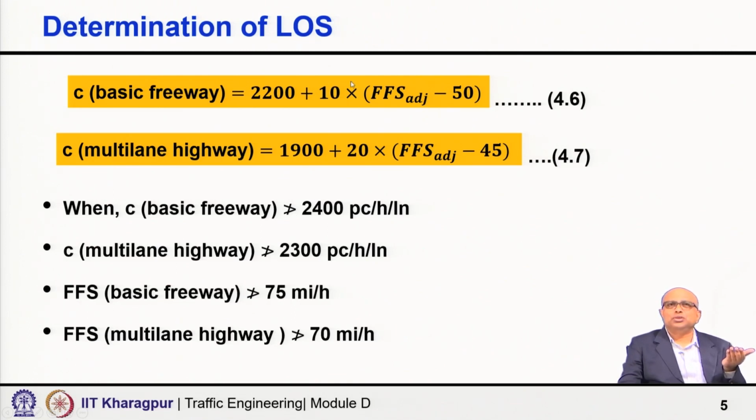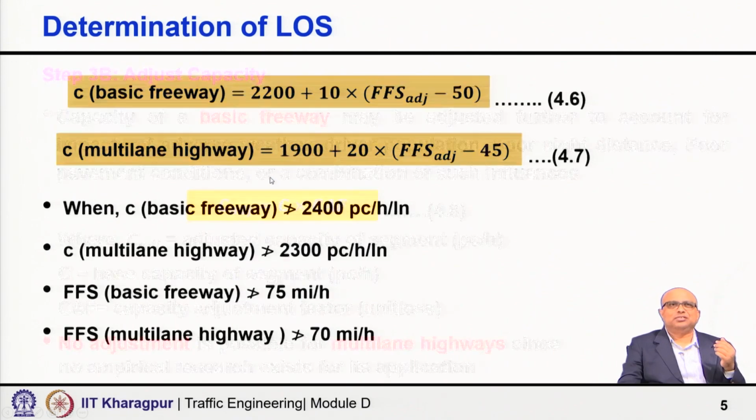So, once we know the adjusted free flow speeds, then we can use either the first equation or the second one as appropriate, depending on whether the segment is a basic freeway segment or multi-lane highway segment. We can also calculate the capacity value. So, one way is to either take it from a table or exhibit and then interpolate it, or we can directly calculate it.